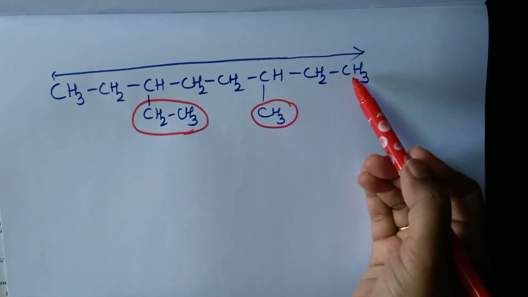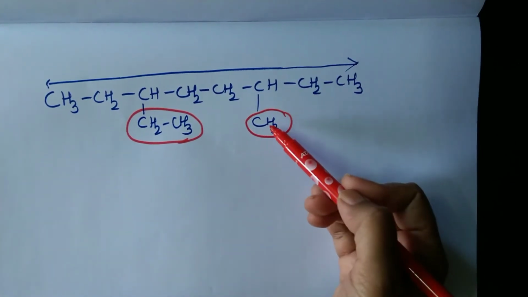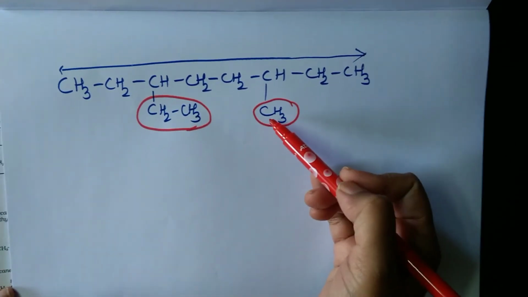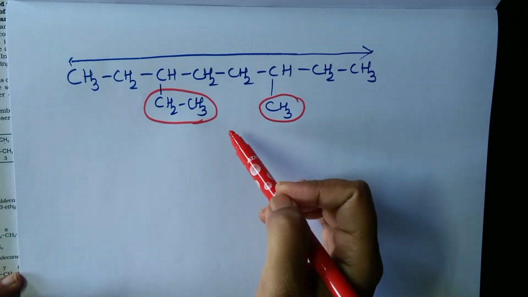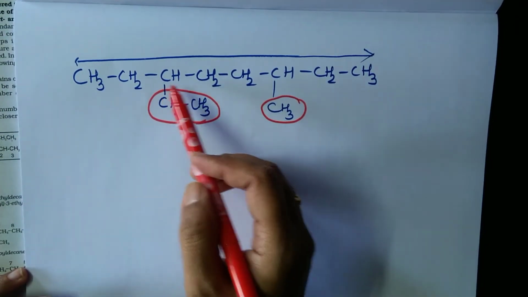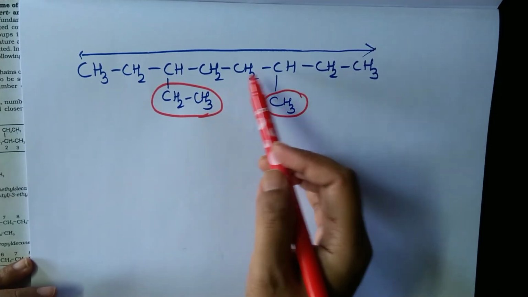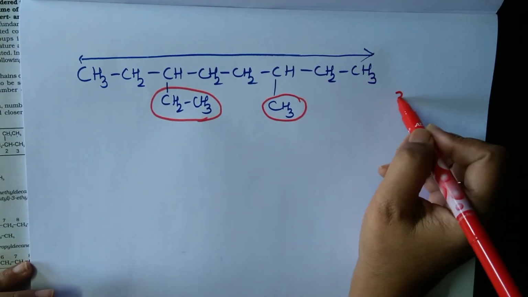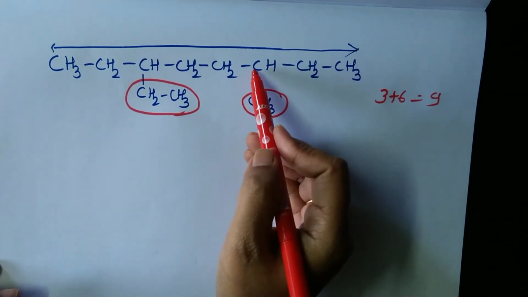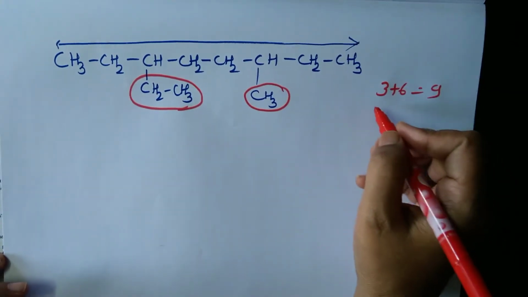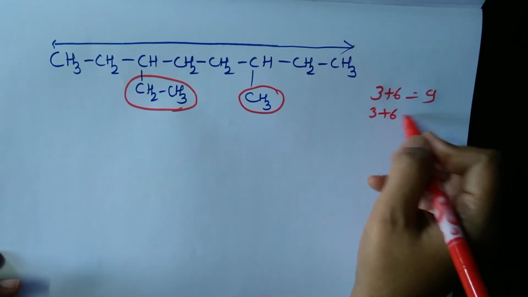If I number it from the other side, the methyl group gets the third position. So they are equidistant from each other. The sum of locants will be the same: 3, 4, 5 and 6. 3 plus 6 is equal to 9. For this case, 3, 4, 5 and 6, 3 plus 6 is equal to 9.